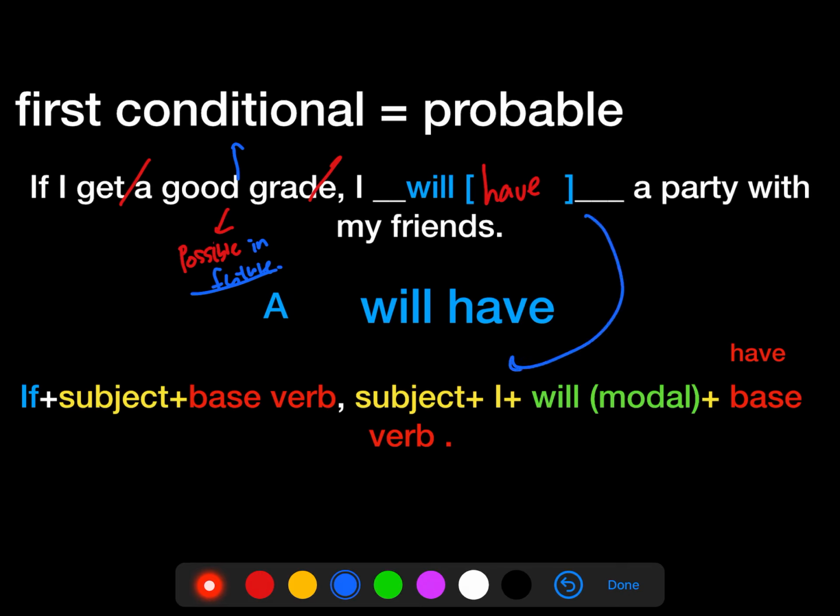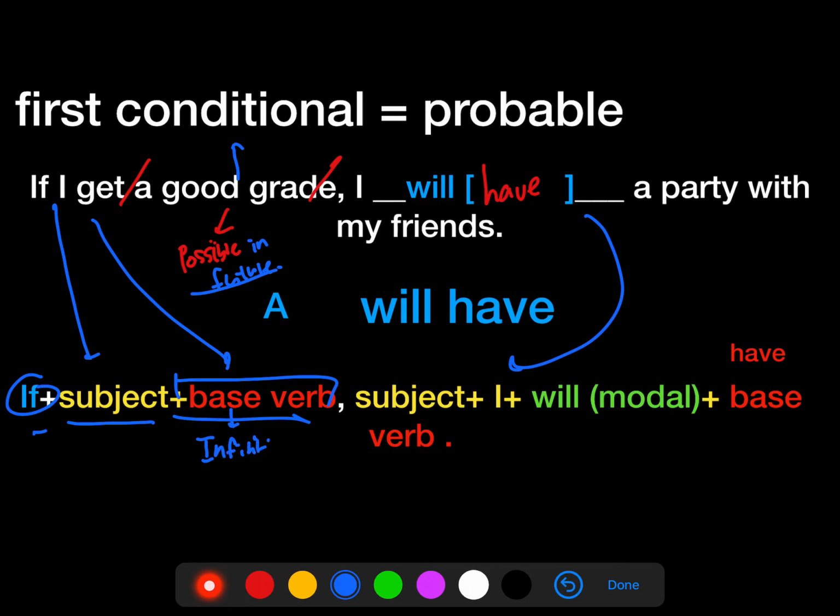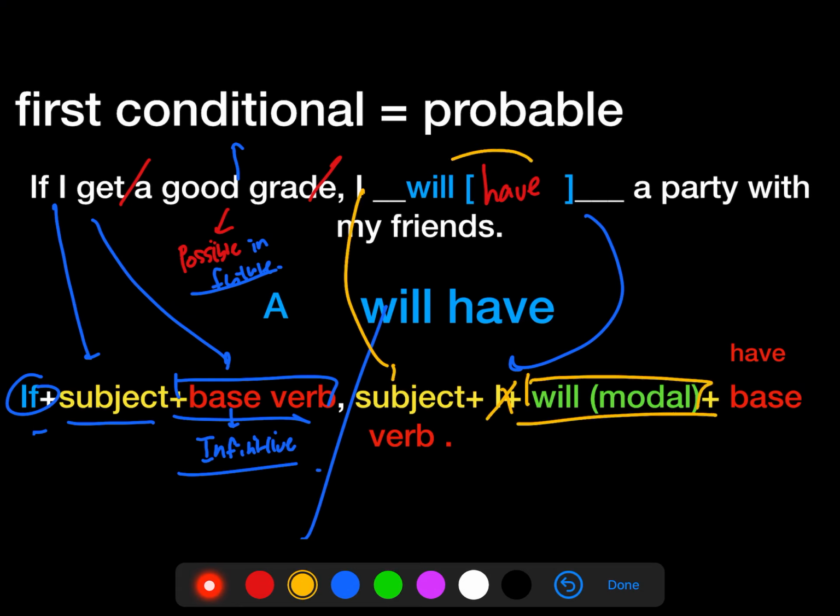So how can we structure the sentence again? Just to remind you. If, subject, I, get, base verb. We also call this infinitive. Don't forget. Comma, and then I, subject, I will, important, I will have a party with my friends.